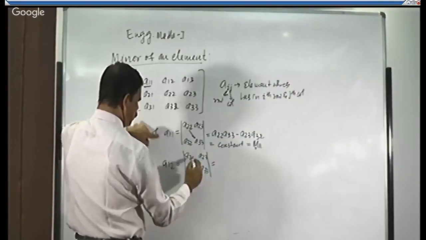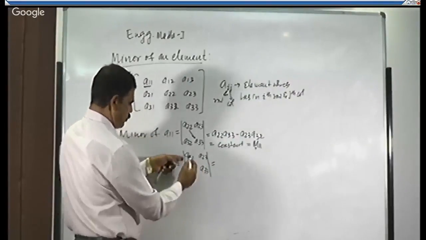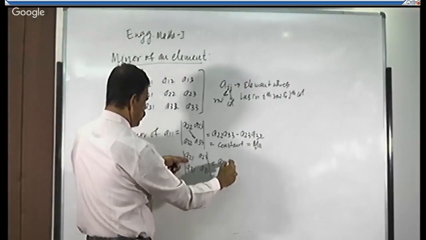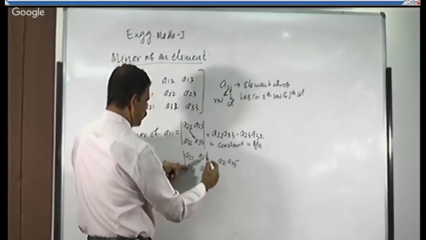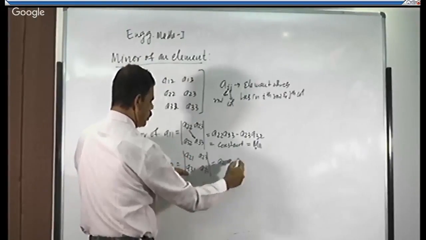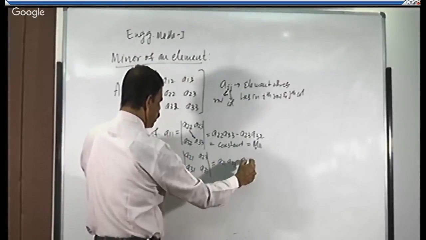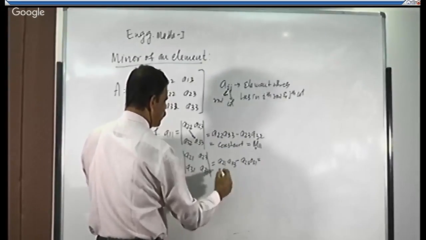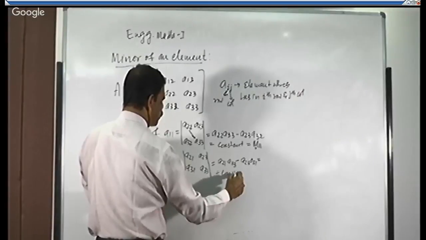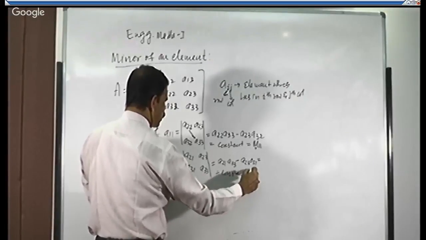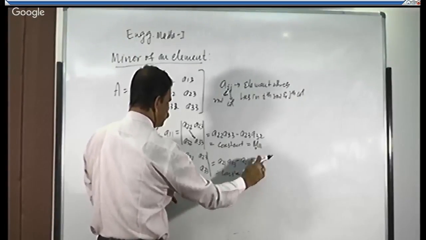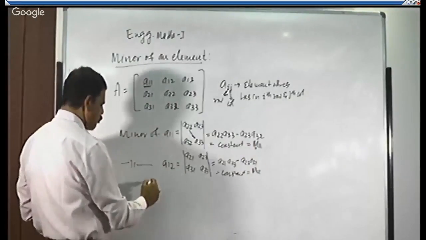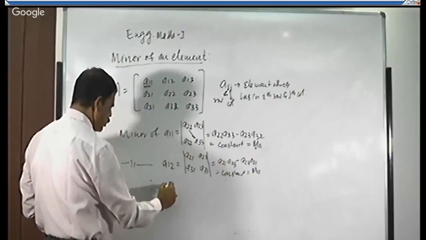Expanding this determinant: the product of principal diagonal elements A21 into A33 minus the product of secondary diagonal elements, that is A23 into A31. We will get some constant, so it can be taken as M12. In this way, I can write the minor of all the elements.